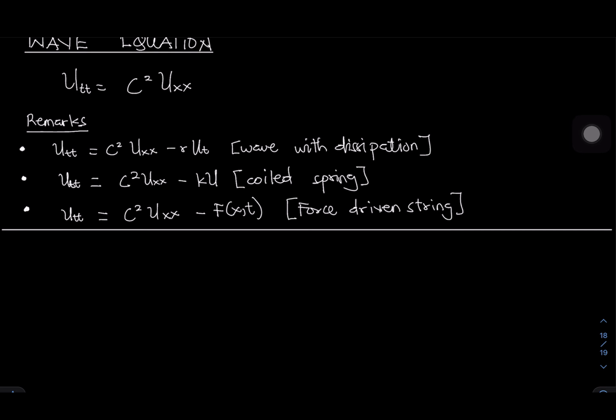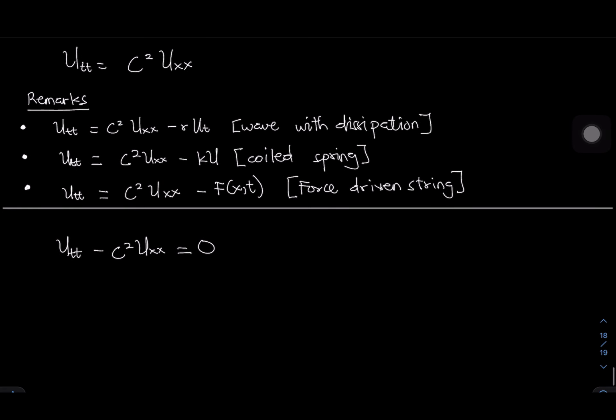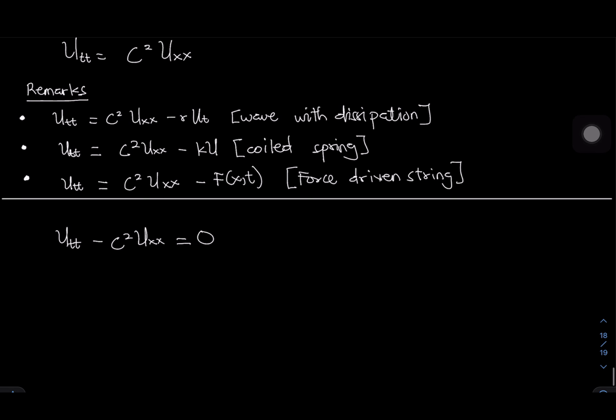Okay, the wave equation can be written as u_tt minus c squared u_xx being equal to 0. And right at the beginning of this entire PDE class, you remember I said we could write this as del t squared minus c squared del x squared, applied to u, equals 0.